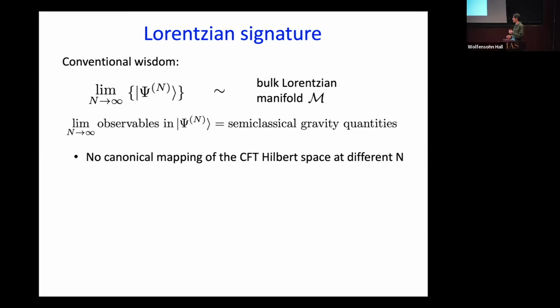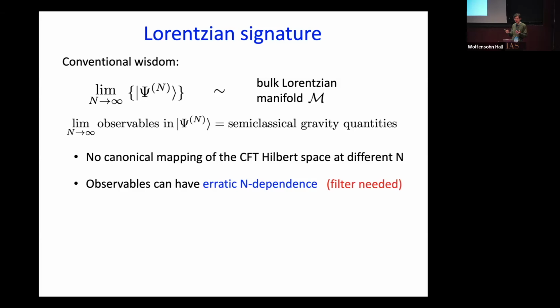And assume you can do that, then still on this side it's possible you may have erratic independence, but we know the right-hand side does not, and so again we need some kind of filter. The precise rule for the Lorentzian signature is not quite clear, but we have a very powerful tool as our friend, which is analytic continuation.